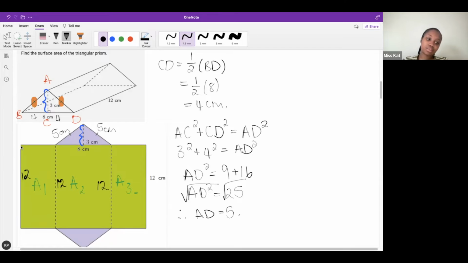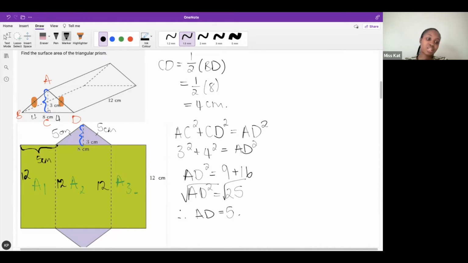Now, the breadth. Remember, the breadth has to cover this whole side of the triangle. So how long does it have to be? Nice, guys, it is 5.